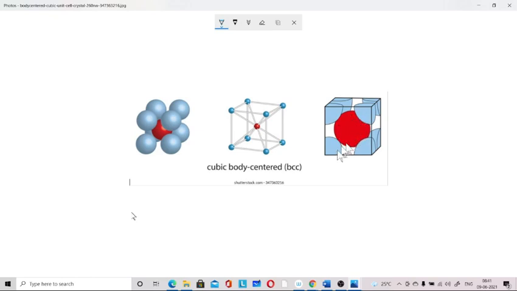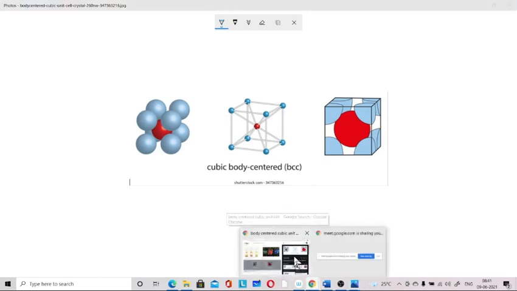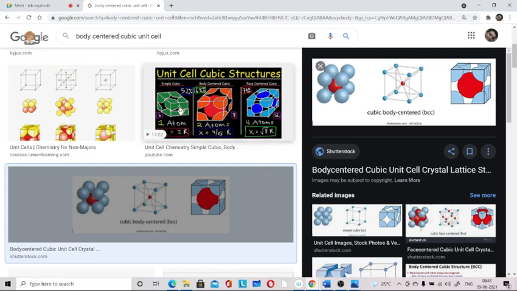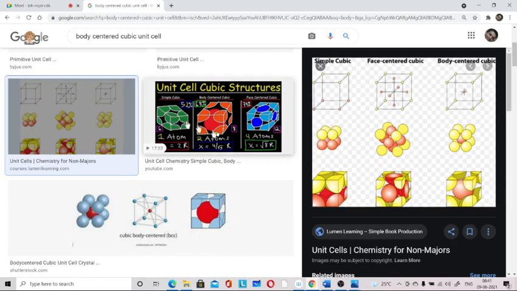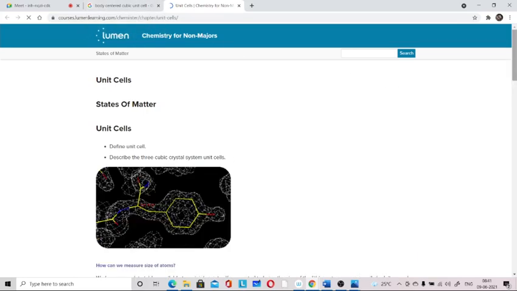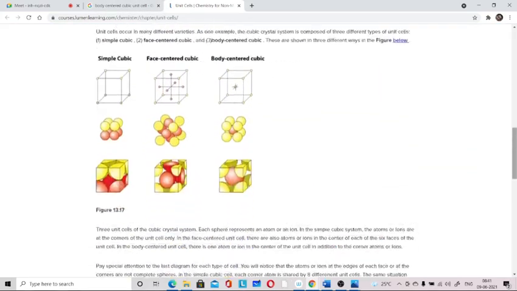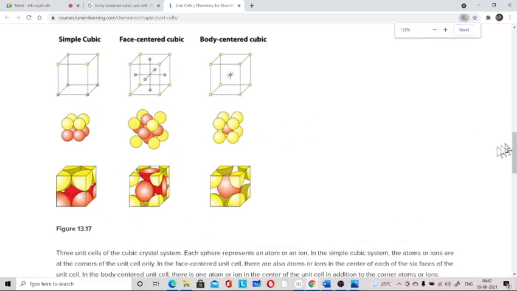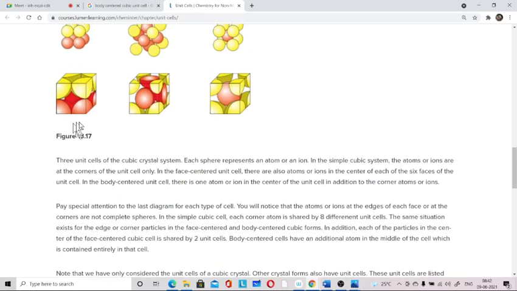I want to compare it with the primitive one. Now you see the primitive one.